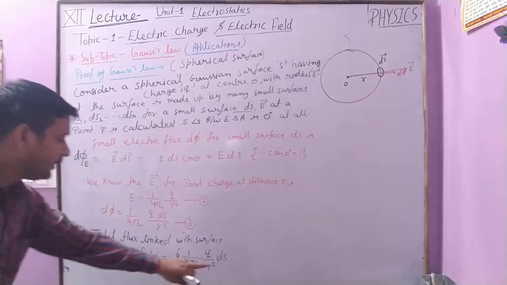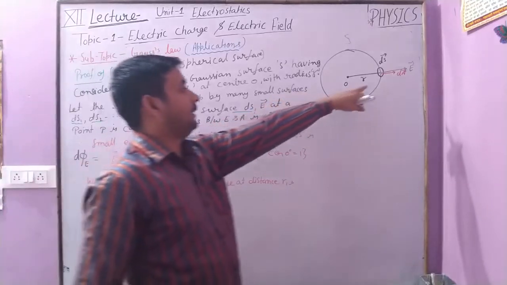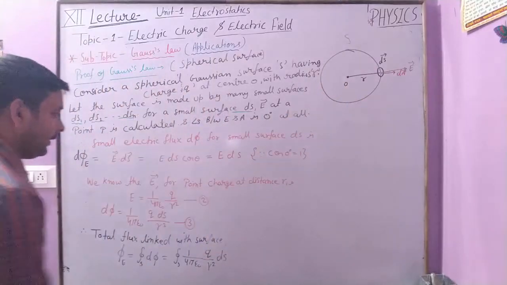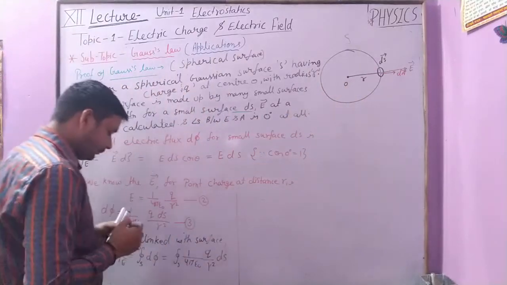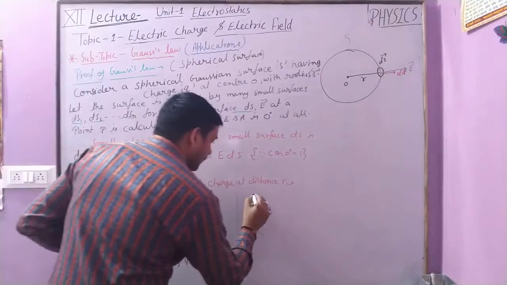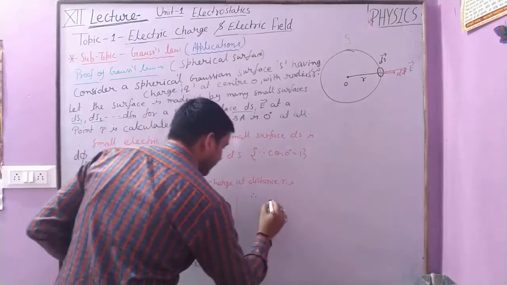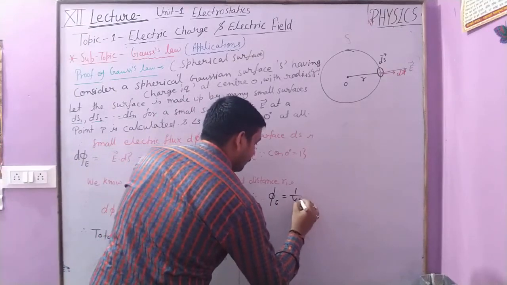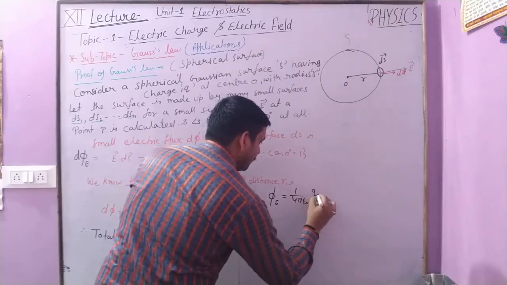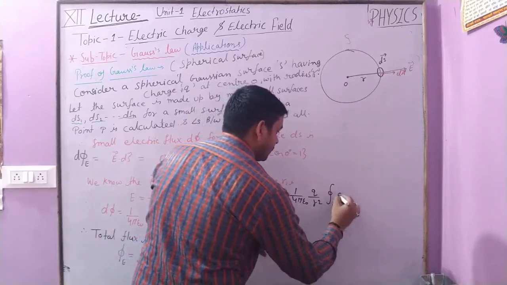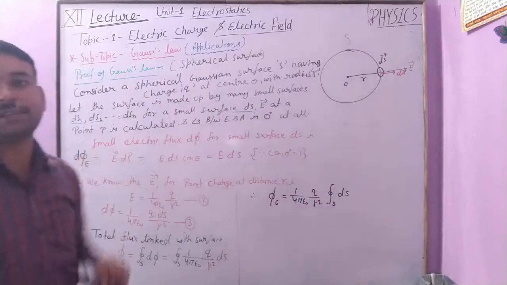Now students, r square for a radial surface is constant, therefore this phi is equal to 1 upon 4 pi epsilon naught q upon r square, and this is closed integral of surface ds.